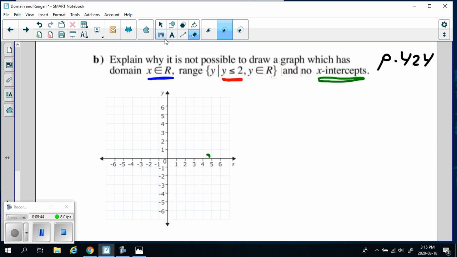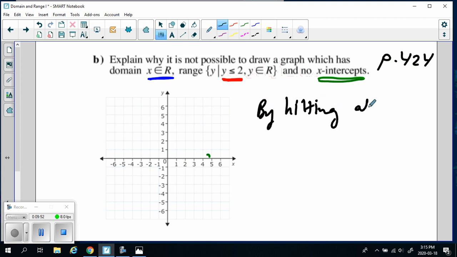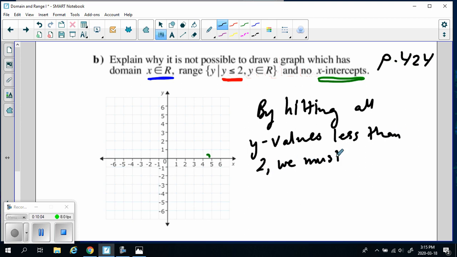So what we could say is that by hitting all y values less than 2, we must hit y equals 0.